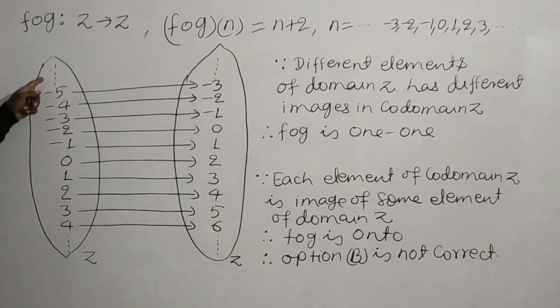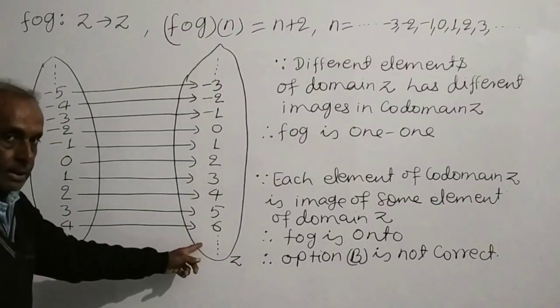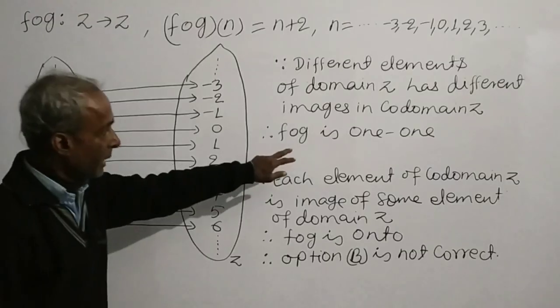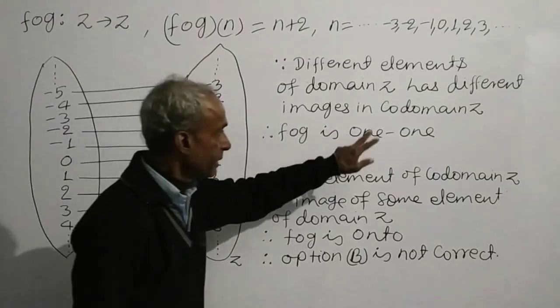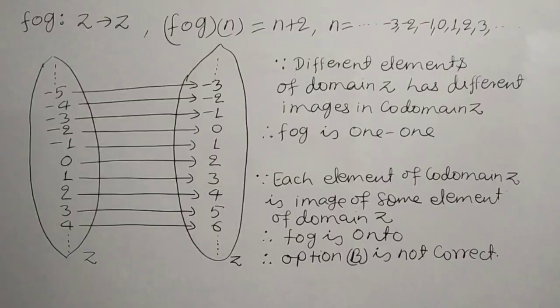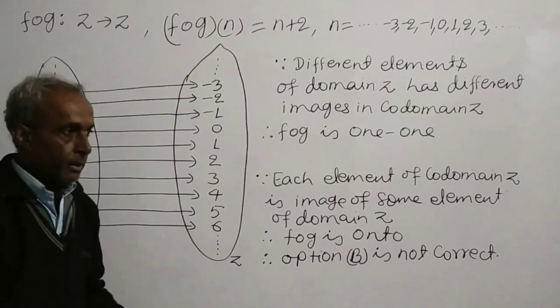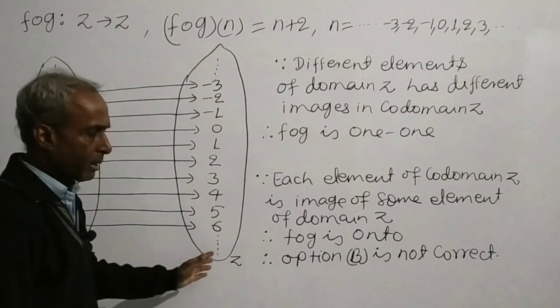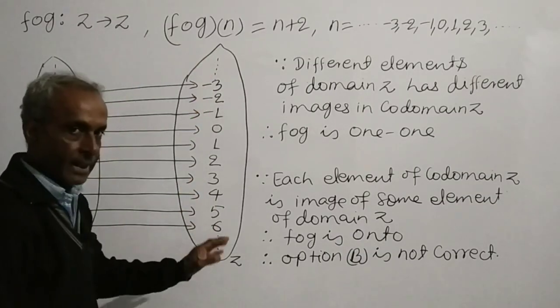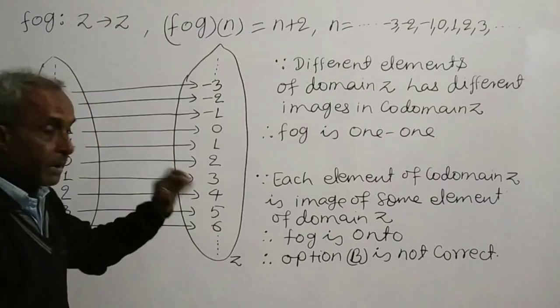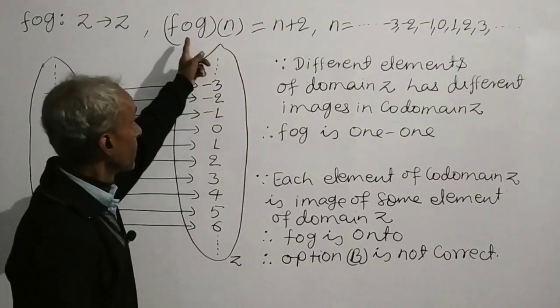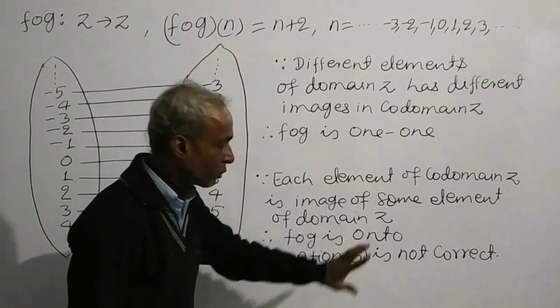Since different elements of this set have different images in this set, this function fog is 1-1. Since every element present in this set is the image of some element of this set, this function fog is onto.